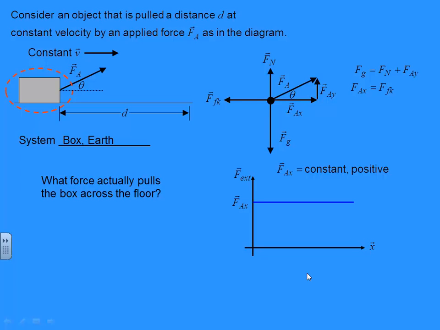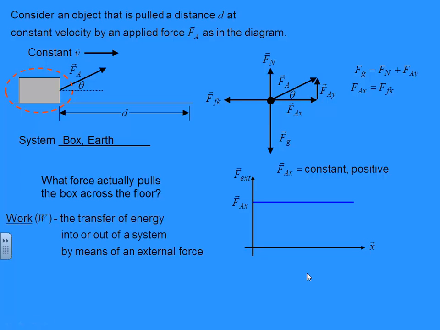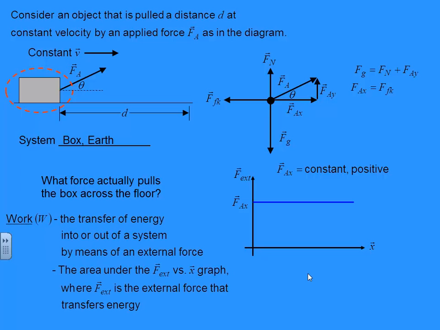And therefore, that external force will do work. It will transfer energy, in this case, into the system by means of the external force, F of AX. And as we've defined before, it is the area under the external force versus position graph. Right, so it's the area underneath.